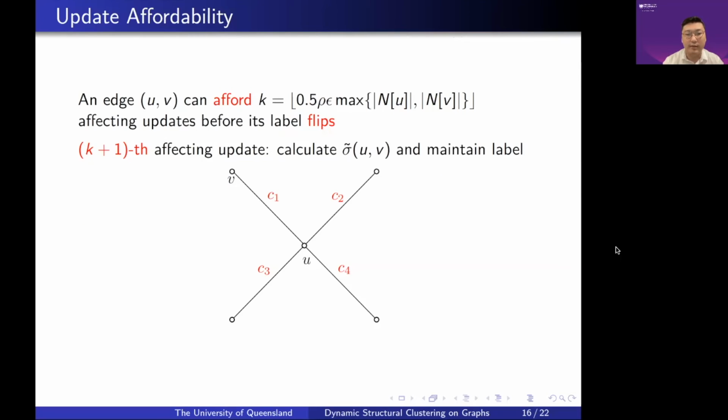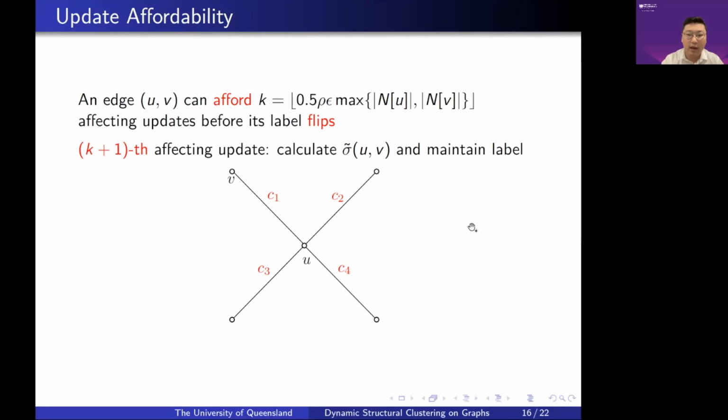A naive solution is to maintain counters on each edge to count the number of affecting updates. However, since a counter can be affected by updates that involve either of its endpoints, we need to maintain these counters individually.